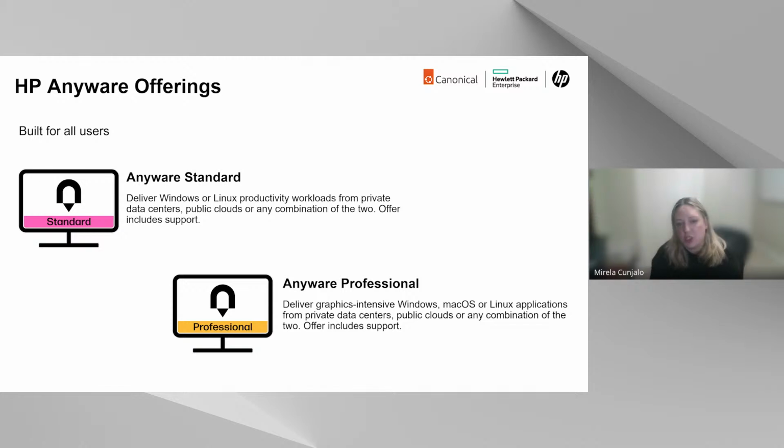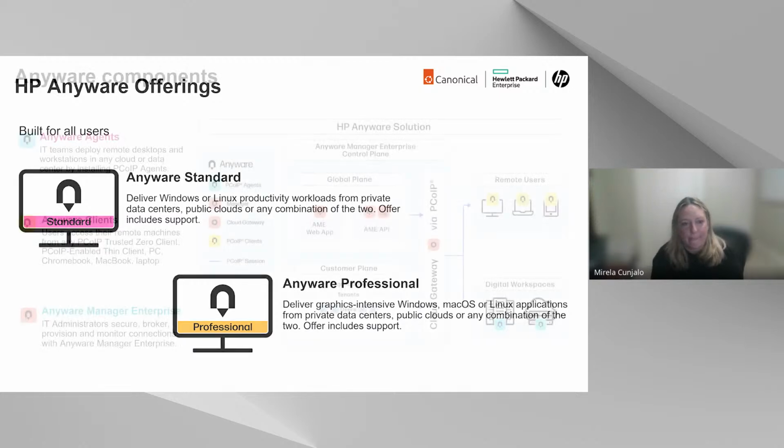They tend to have a GPU in that remote desktop, and that's how it's split up. Both include support, and the way licensing works is by concurrent user. So if there are 100 users, but only 50 need to be in their desktop at the same time, only 50 licenses are needed. That's what concurrent means.